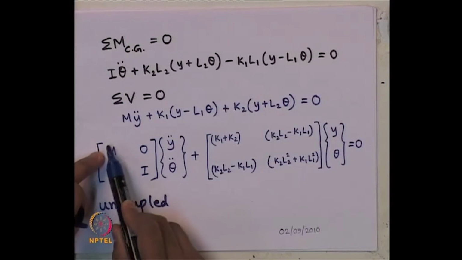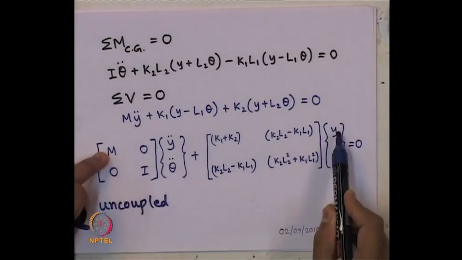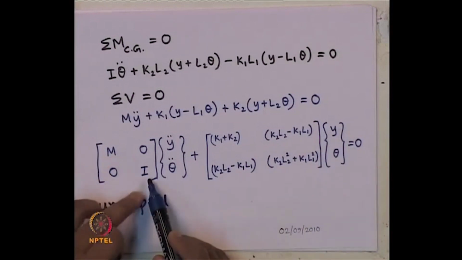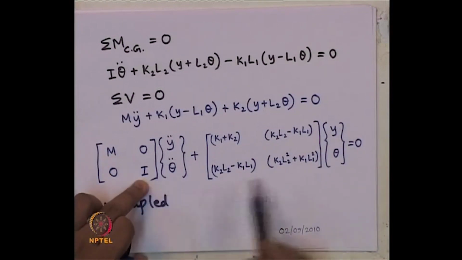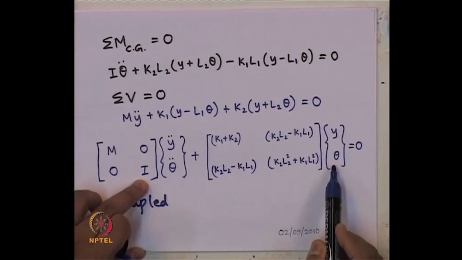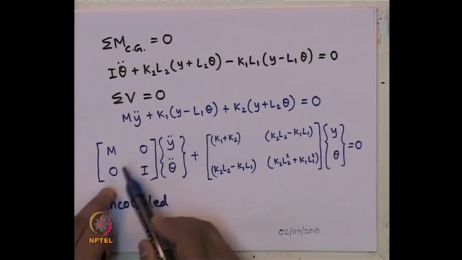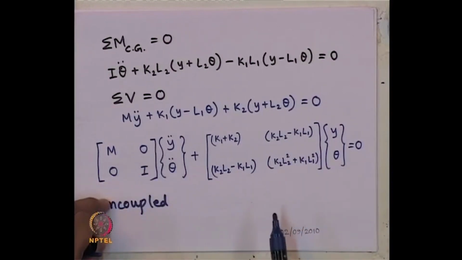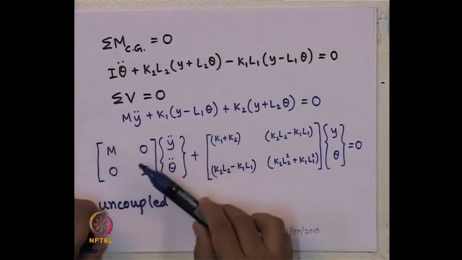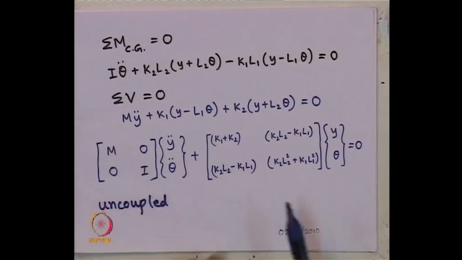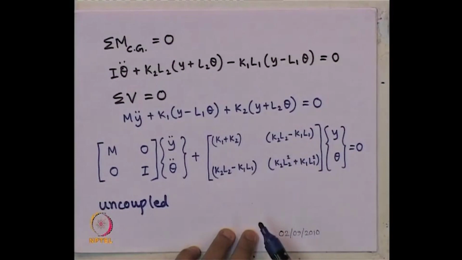So, here this is non-zero corresponding to the degree of freedom y. Here this is non-zero I corresponding to the degree of freedom theta, whereas other entries in the matrix are 0 and they are diagonal. Whereas, look at the stiffness matrix, this is our modified stiffness matrix for the entire system.